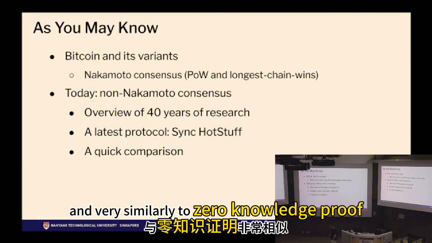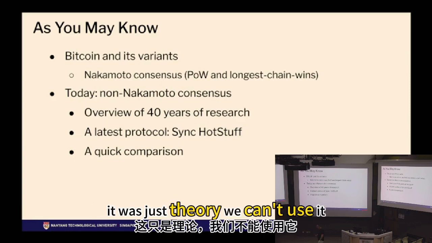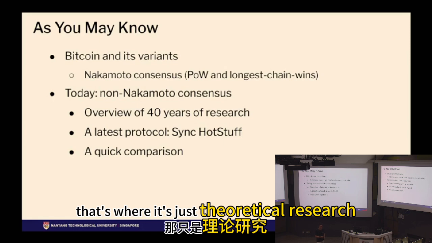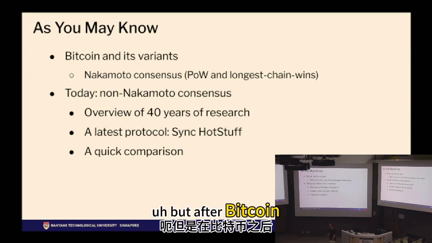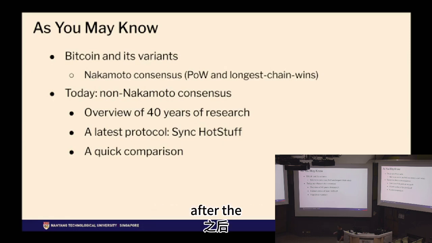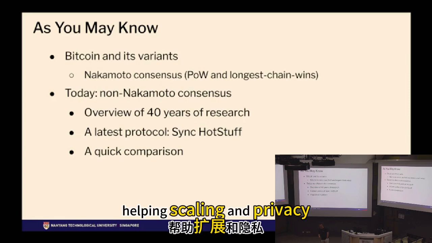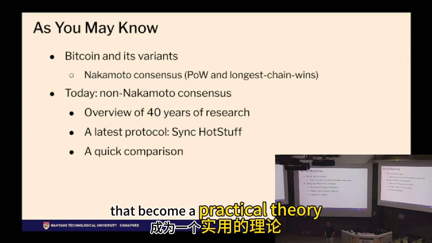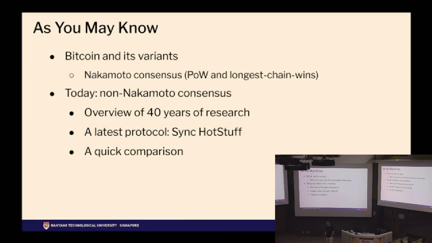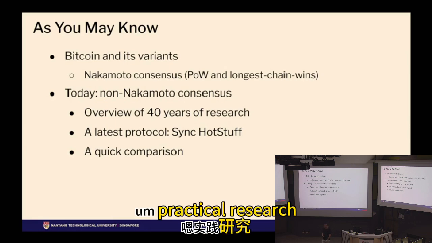Very similarly to zero knowledge proof, it was just theory. We couldn't use it. That's where it was just theoretical research. But after Bitcoin, after zero knowledge proof helping scaling and privacy, it became practical research.